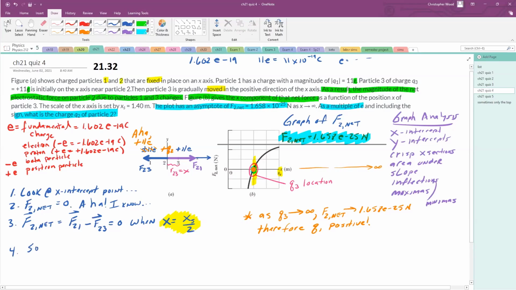So finally, we know, and we knew this all along, that the force acting on 2 due to particle 1 is the same as the force acting on 2 from particle 3.